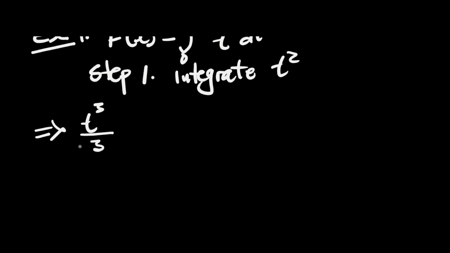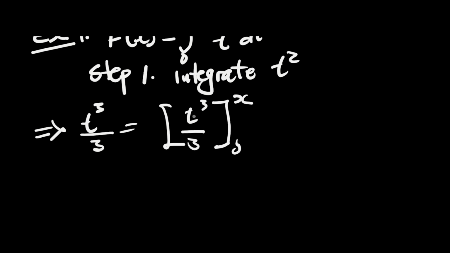Then we have to apply the limit. Mind you, our limit is from 0 to x. When we apply the limit from 0 to x, which is t cubed upon 3, with the lower limit 0 and upper limit x.